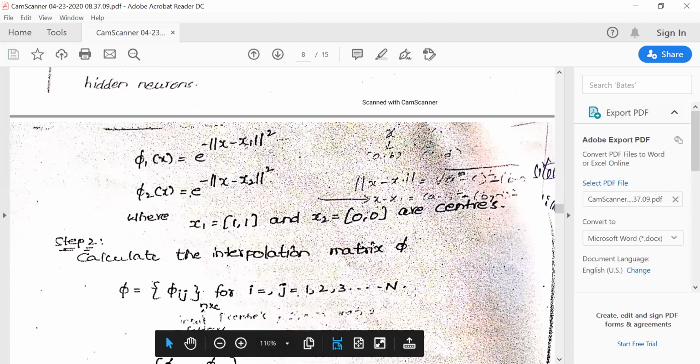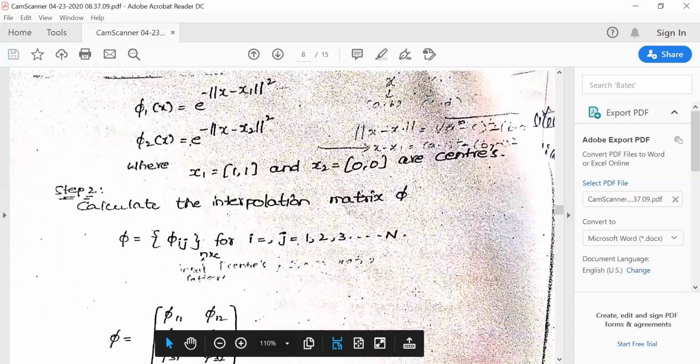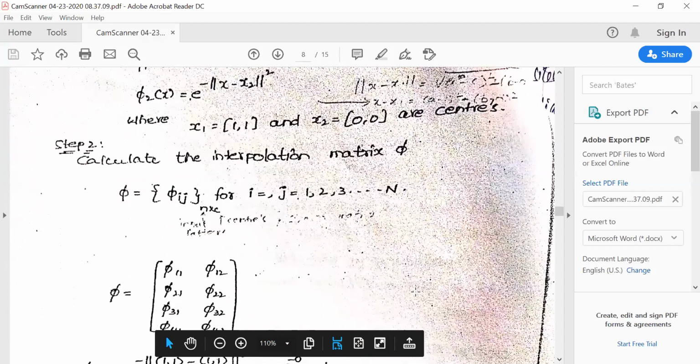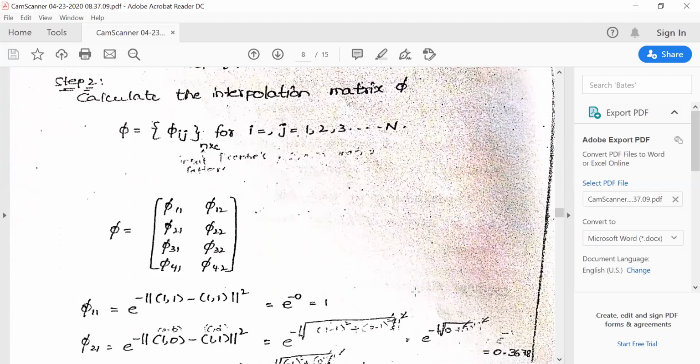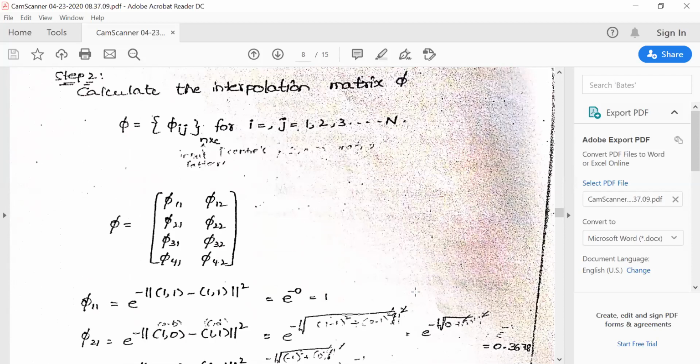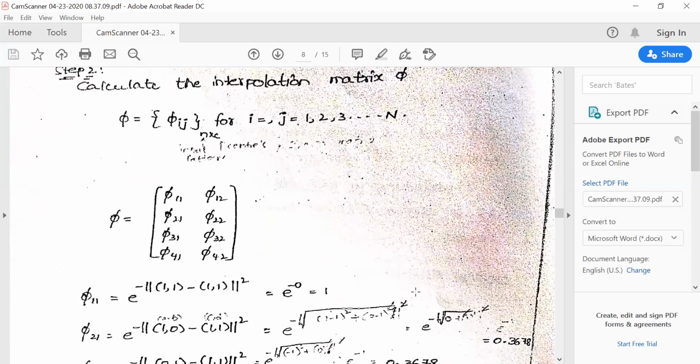Then, instead of calculating the mapping and showing that it is linearly separable, I directly assume that the input patterns after applying these radial basis functions are linearly separable, so that I can move on to the next step.